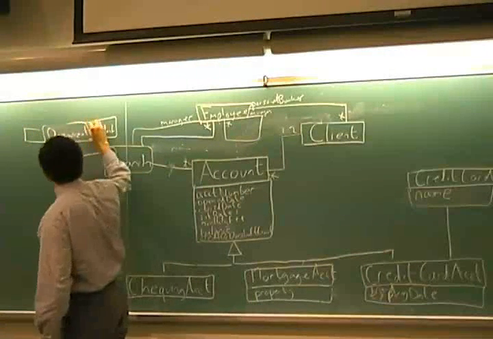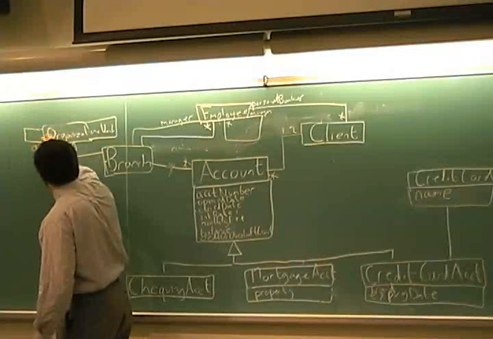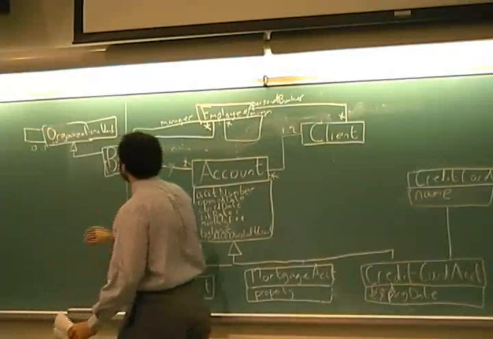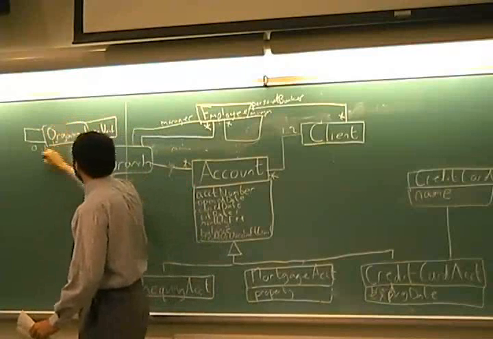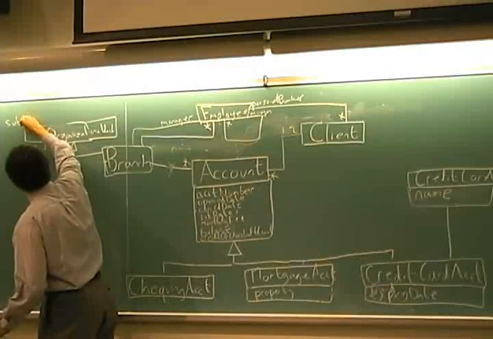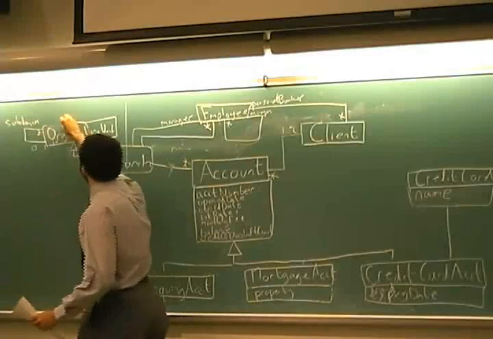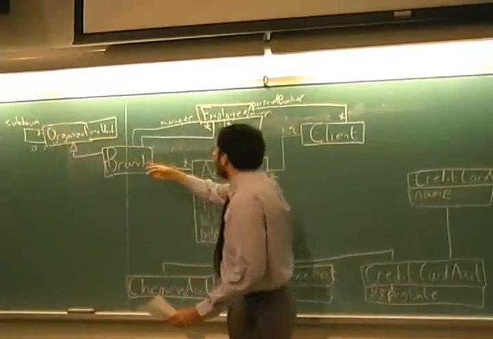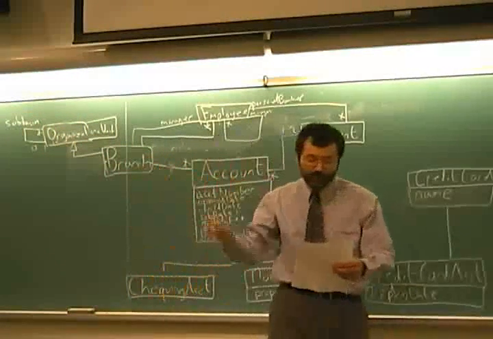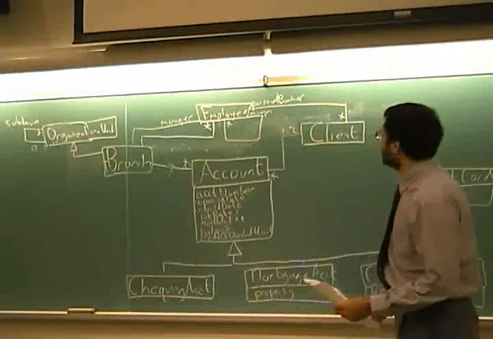So I can say that, for example, an organizational unit may or may not have some unit that it is a subdivision of, and an organizational unit may have a number of subdivisions. There may be a number of subdivisions of any organizational unit, and some of these organizational units happen to be branches. That is a much more flexible approach to things, I think, than the other approach.